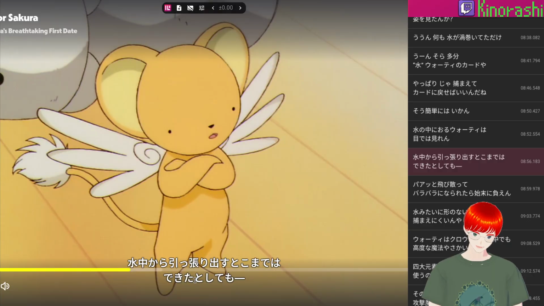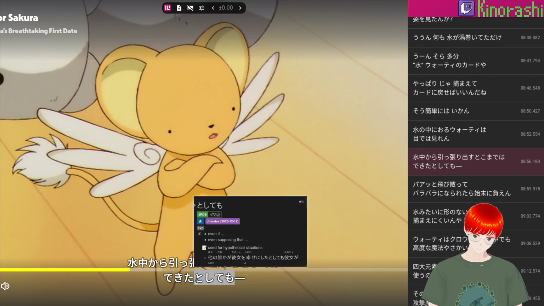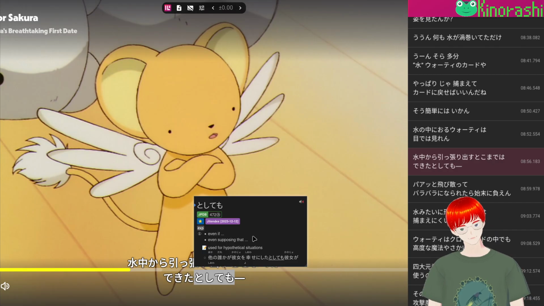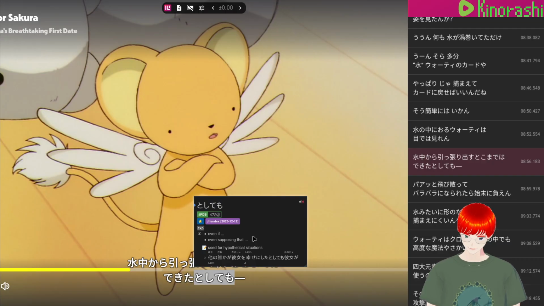Dekita toshitemo. So that to is quoting the whole phrase, and then we're saying doing that.